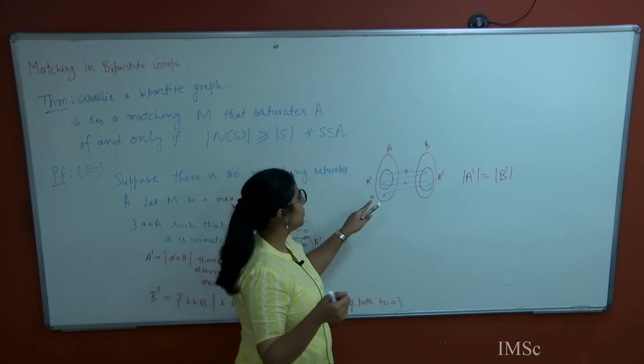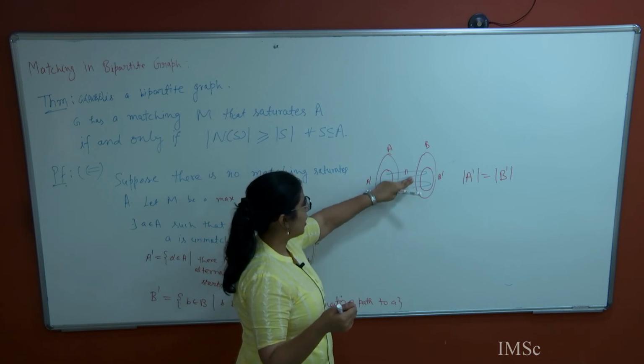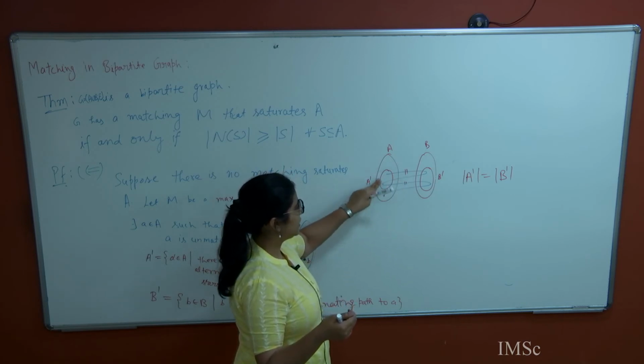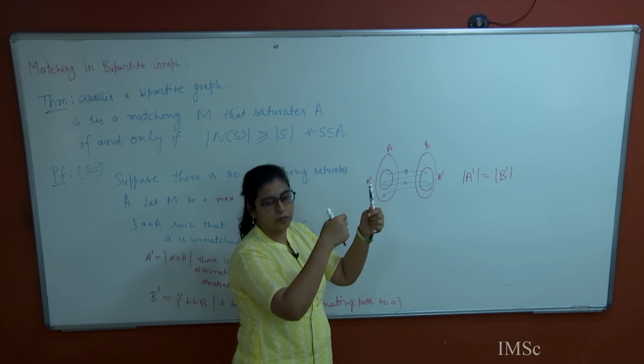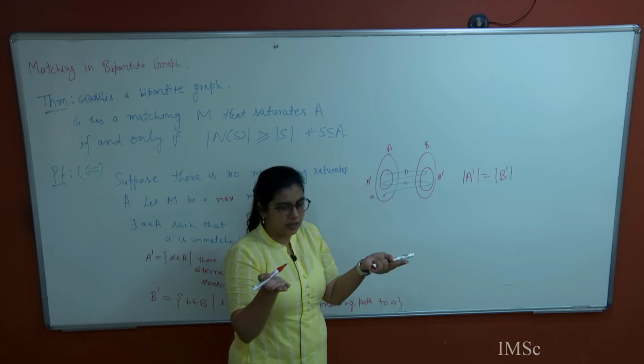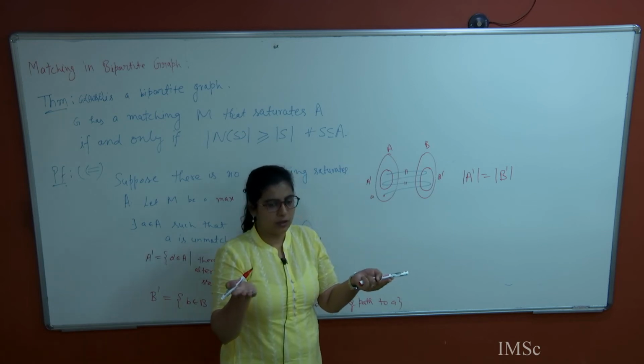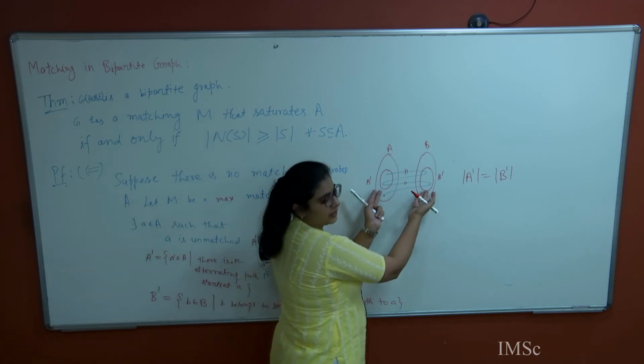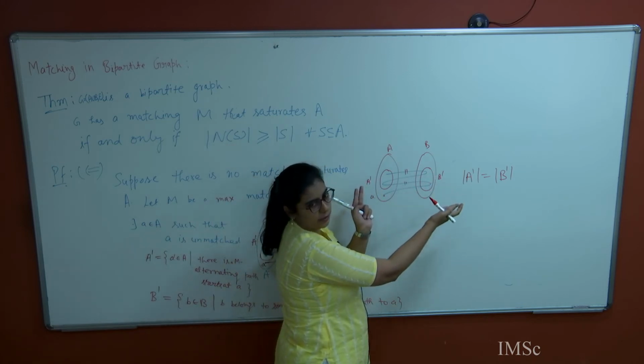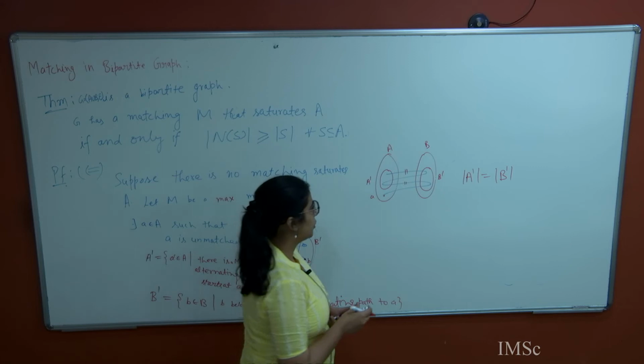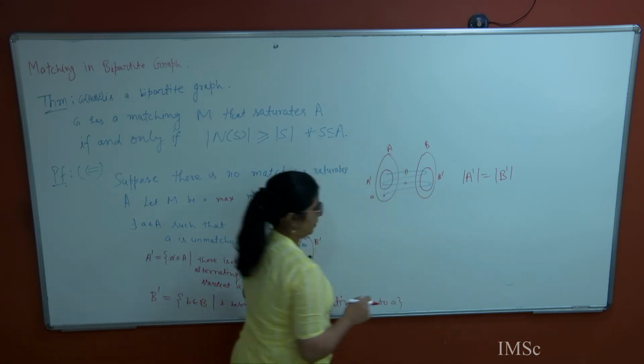So every vertex in A prime is coming via some matching edge. That means their cardinalities should be the same, because basically you have a perfect matching between A prime and B prime. So their cardinalities are the same.